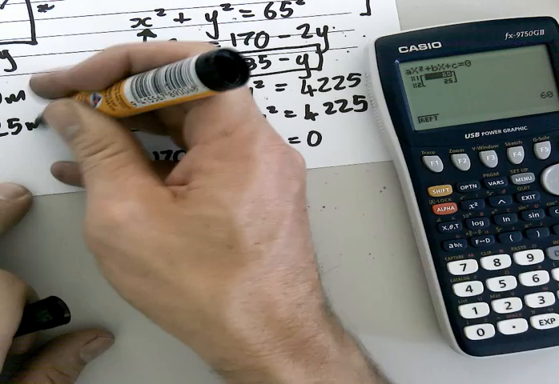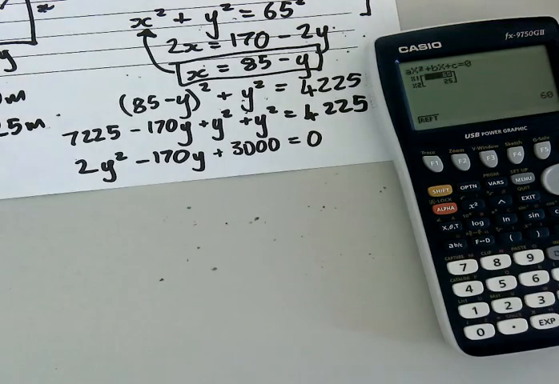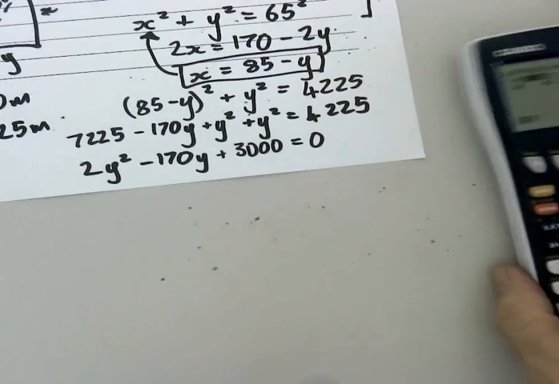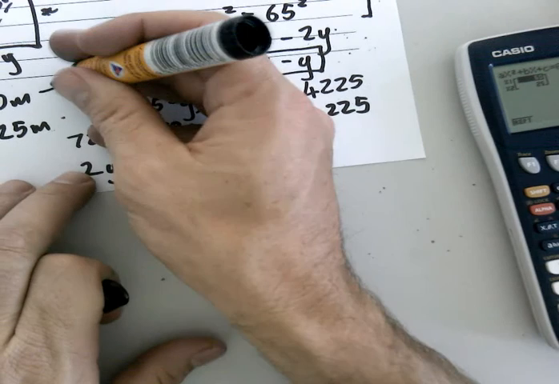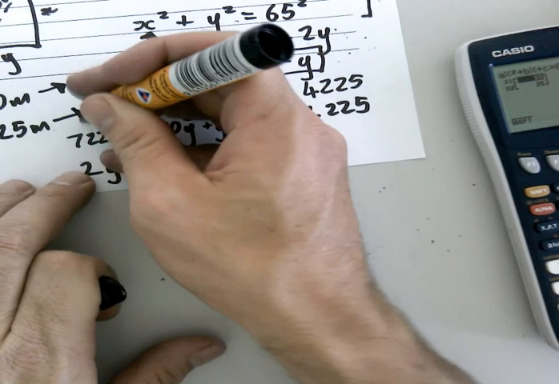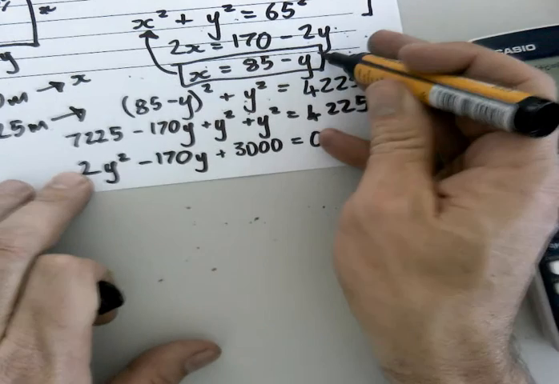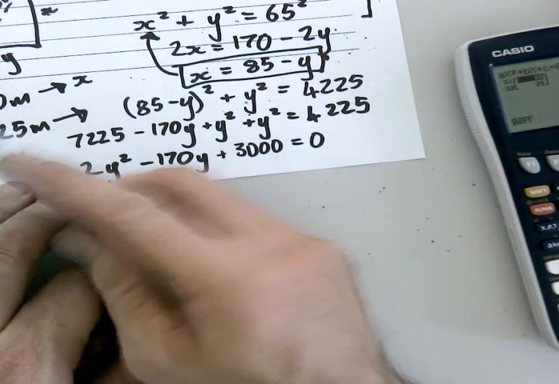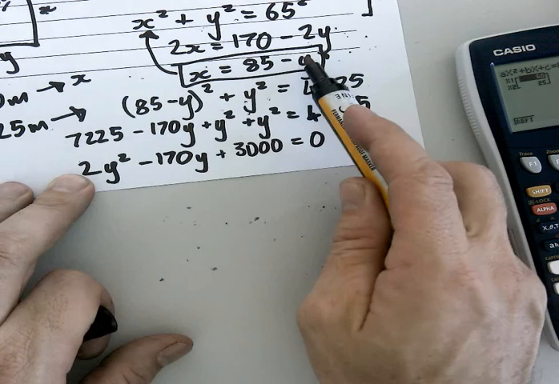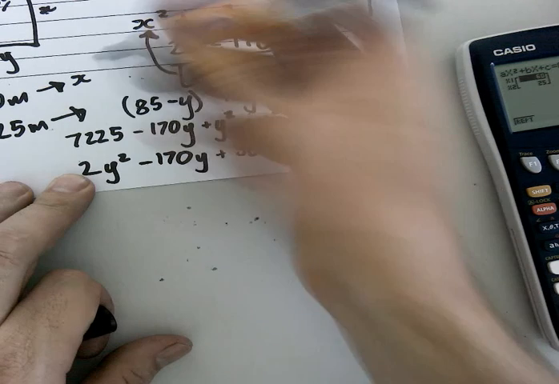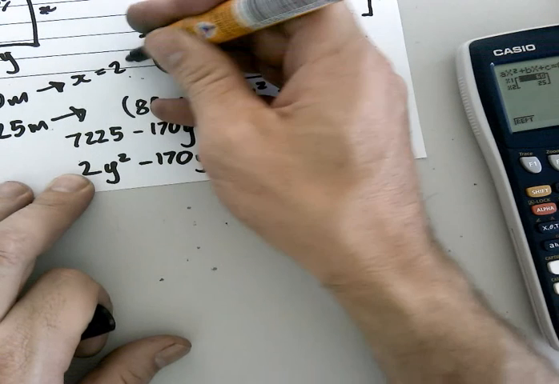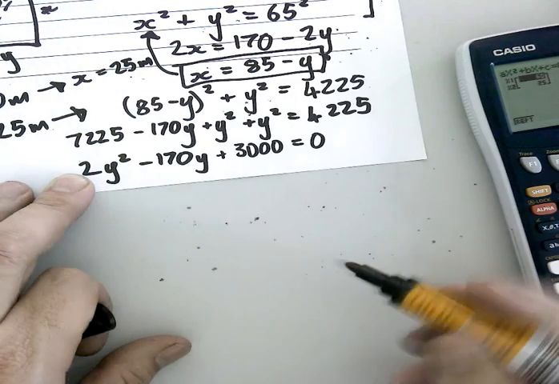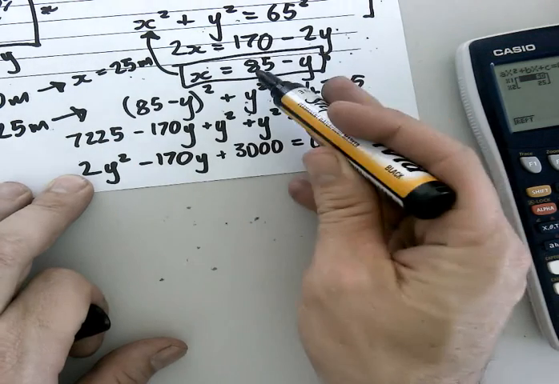So I could go back through and figure out what x value this results in, and same with this, by looking at that equation there. But it often happens this way, that if I chose the y value, substituting 60 into here gives me the answer of x is equal to 25 meters. If I chose to use the 25, 85 take away 25, I get the x value is equal to 60.